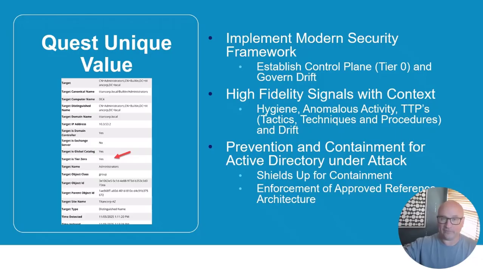So we're focusing on any changes to that control plane so you can revert it right away if an accidental relationship was made, or choose to protect it differently at that point in time, because a change to an object on the control plane could cascade down to the entire organization. Which leads us to our prevention and containment for Active Directory under attack.